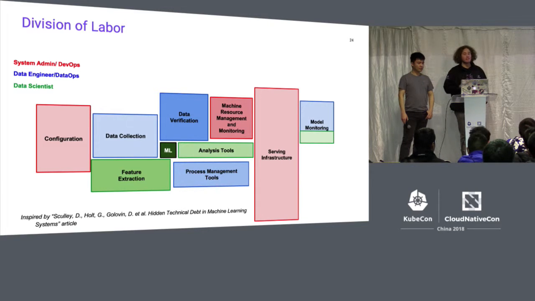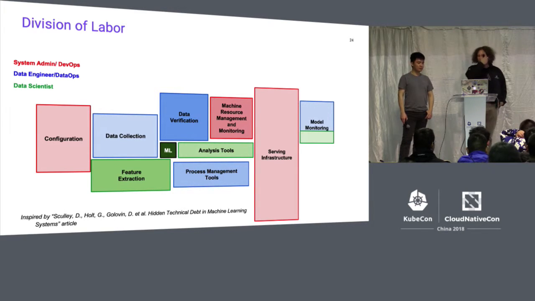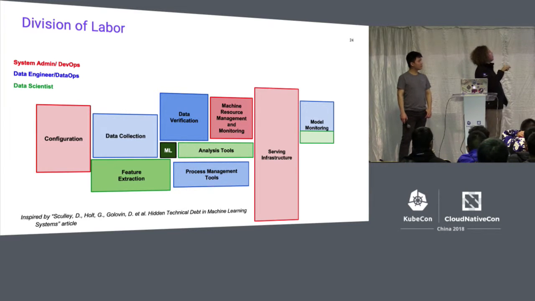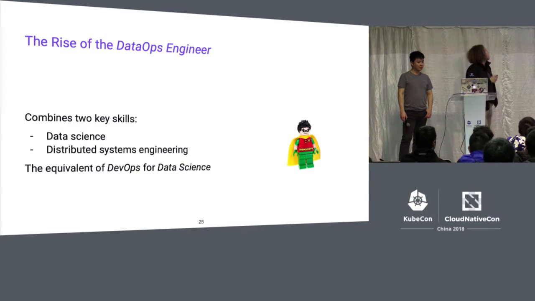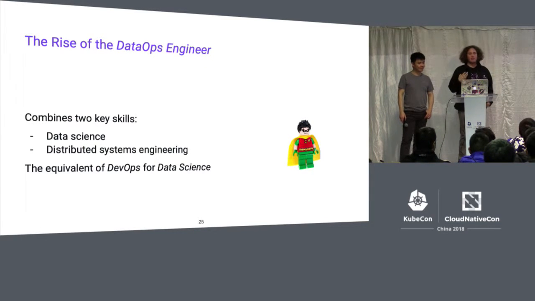And most data scientists I know have more of a mathematical background, so this is what they like doing. And now we have those other people like the data engineer, data ops engineer, and they can help with all this stuff around, which often also requires more knowledge about distributed computation. And this is the rise of data ops, data engineers.